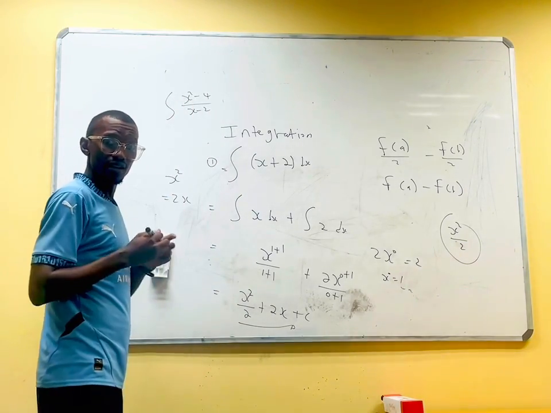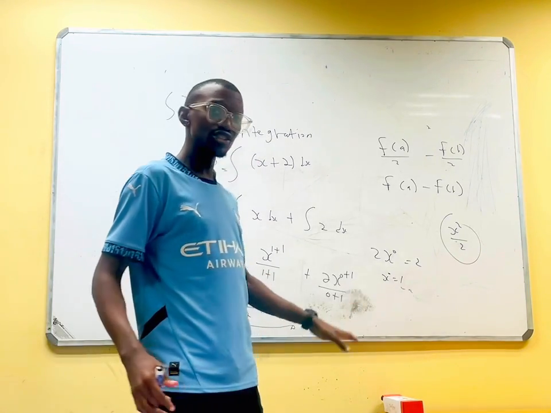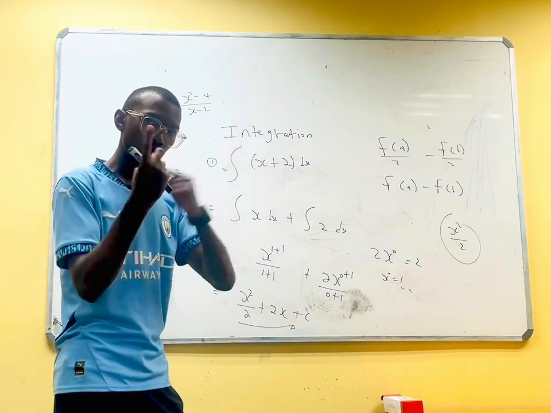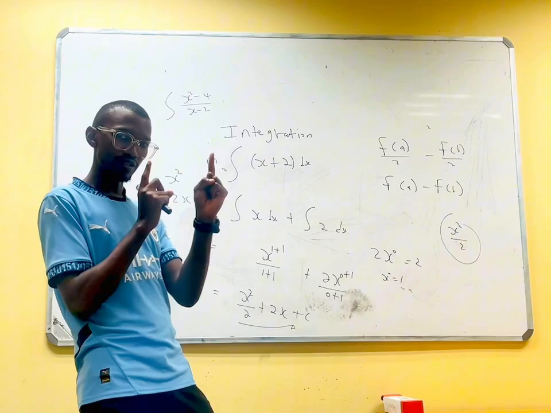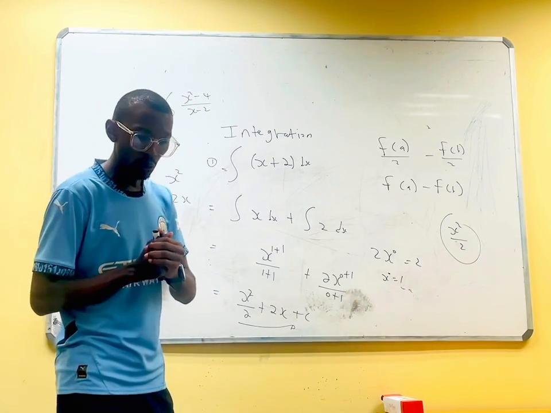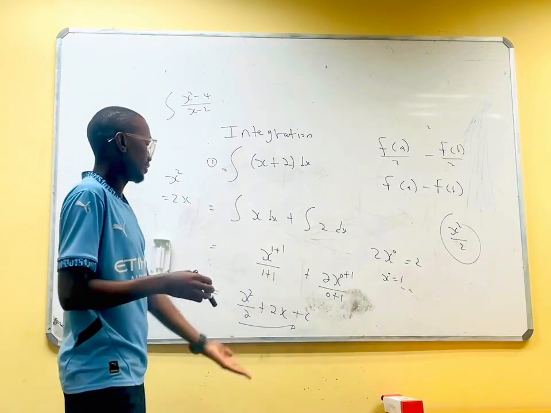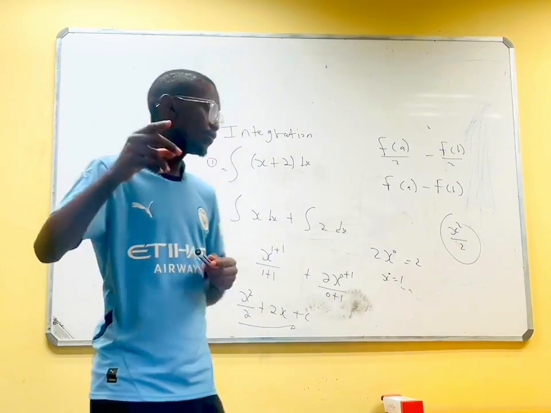When you differentiate, we must get that at the end of the day. It's the opposite, basically. I'll show you how to do differentiation and integration at the same time, but my goal was just to show you how to integrate this, and this is the final answer of our integration. Now, what if we have this one?